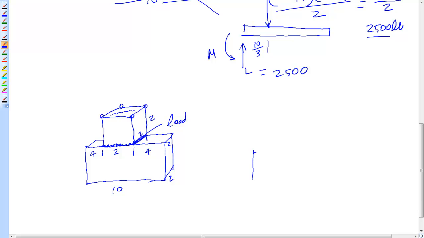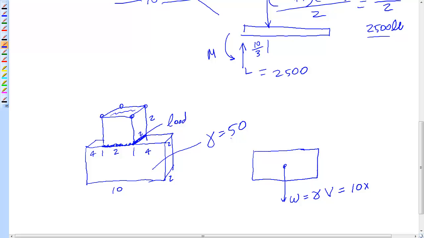Well, first, let's draw the weight of the water in the bottom part. The weight of the water in the bottom part is just going to be gamma times the volume of it. Well, let's take a look. That's 10 by, and I'm going to make my life easy again. Gamma is equal to 50. 10 by 2.